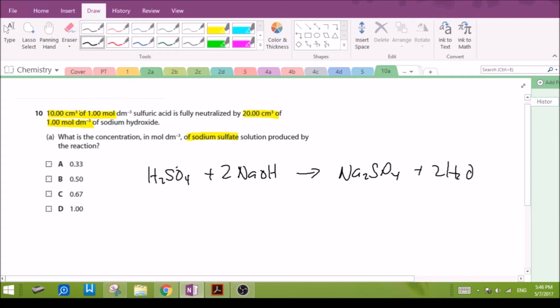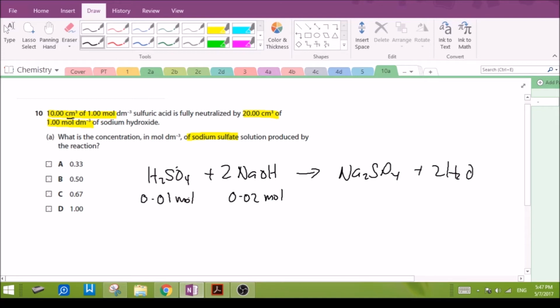Here we have concentration multiplied by volume, right? And remember to change this to dm cube. This will be 0.01 moles. For sodium hydroxide, concentration multiplied by volume, we ended up with 0.02 moles. So it tallies.